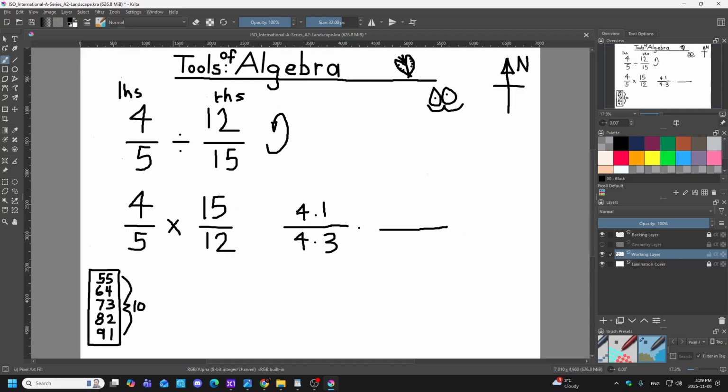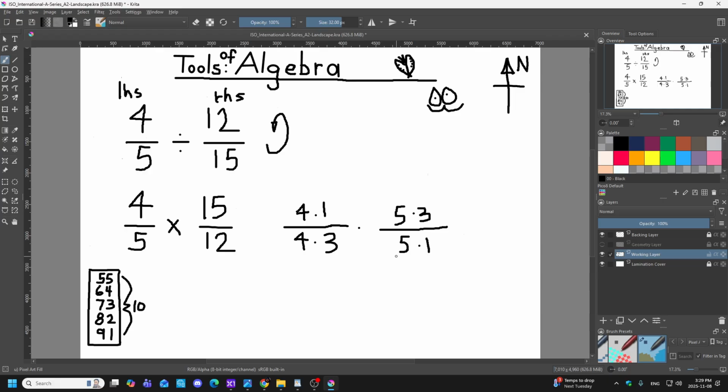Let's do the odd numbers now. What times 5 gives us 5? Well, that is 5 times 1. What times 5 gives us 15? That's 3.